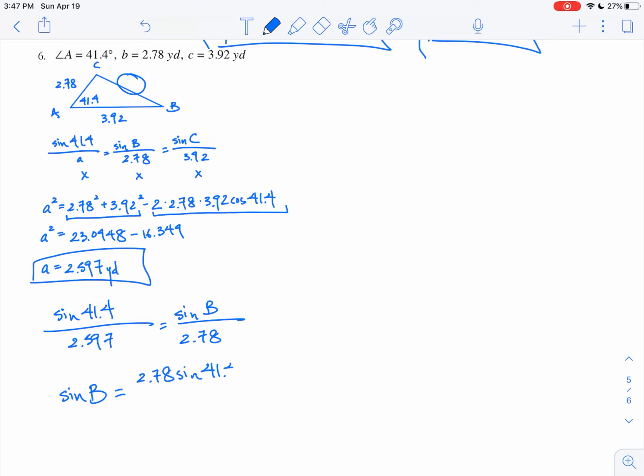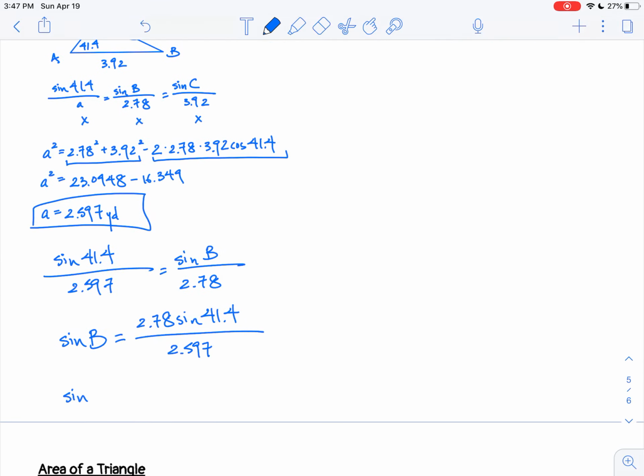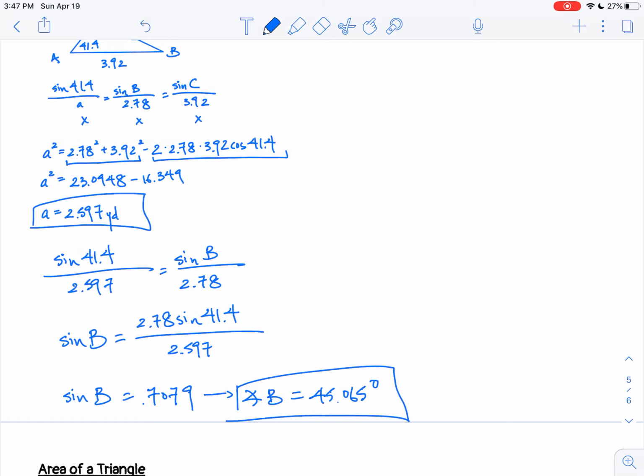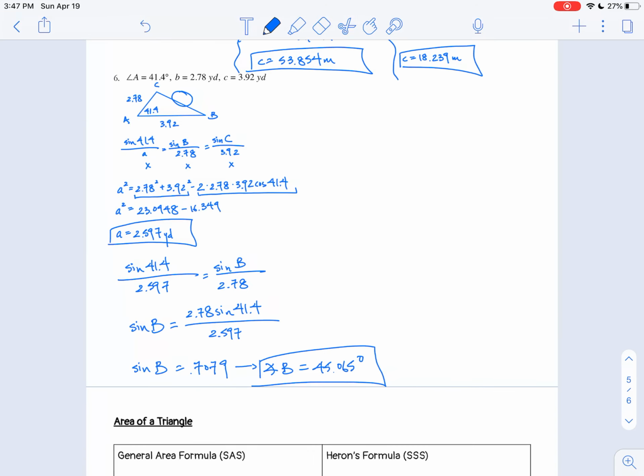So cross multiply, divide, and find that decimal. .7079, okay? And that gives me an angle B of about 45.065 degrees, okay?